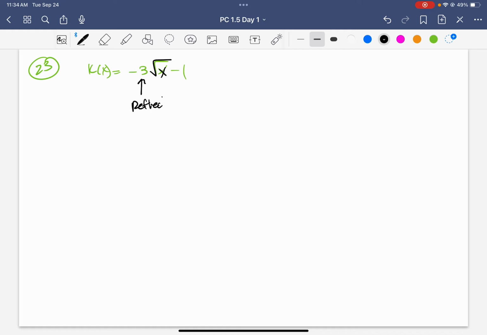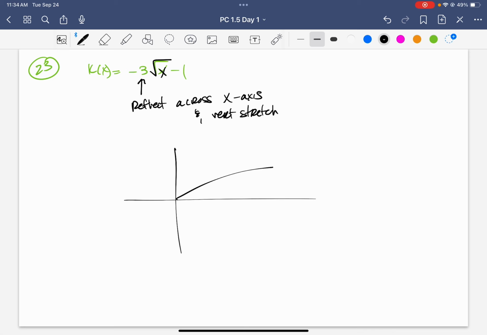That's going to reflect across the x-axis and at the same time scale. It's going to be a vertical stretch. So the 3 does a vertical stretch and the negative does a reflect across the axis.